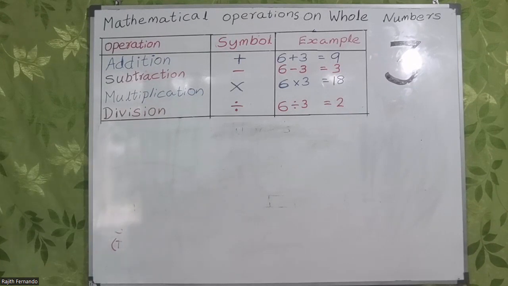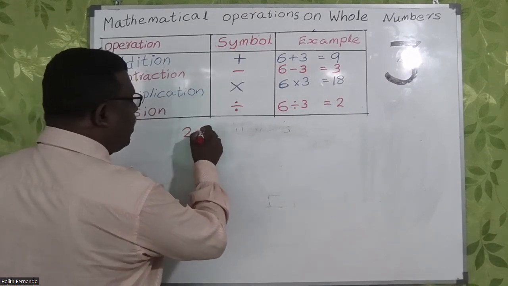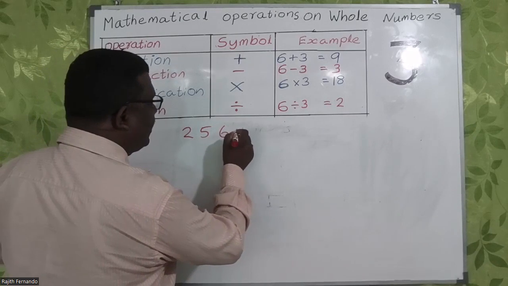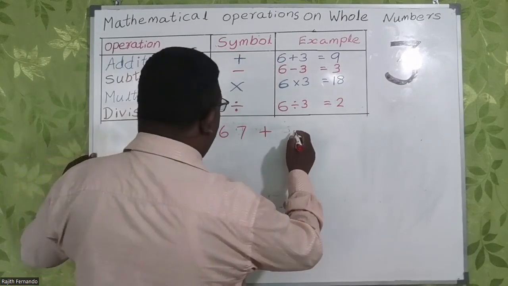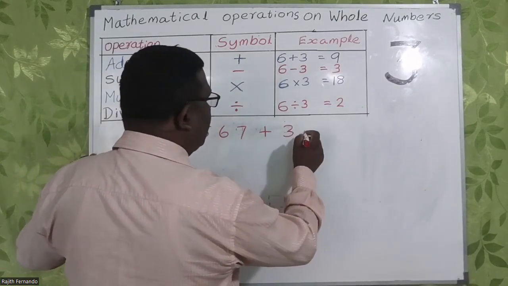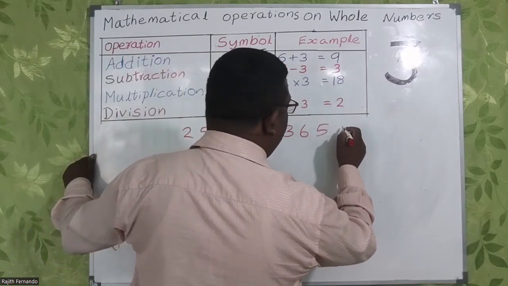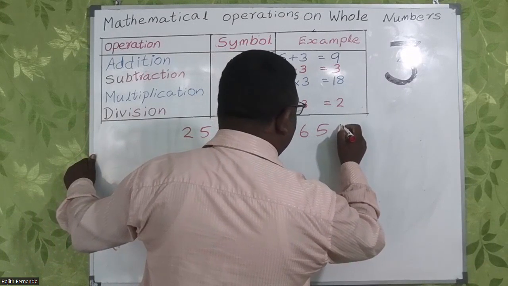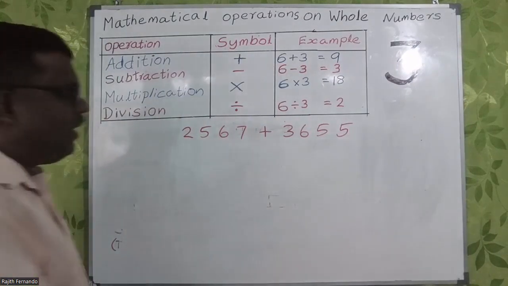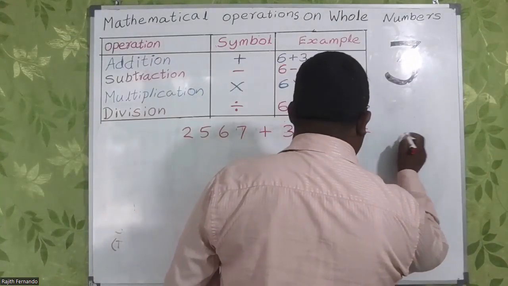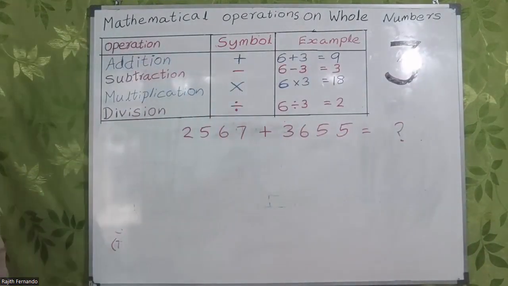If I ask you to add 2567 to 3655, then what is the answer? You need to get the answer.